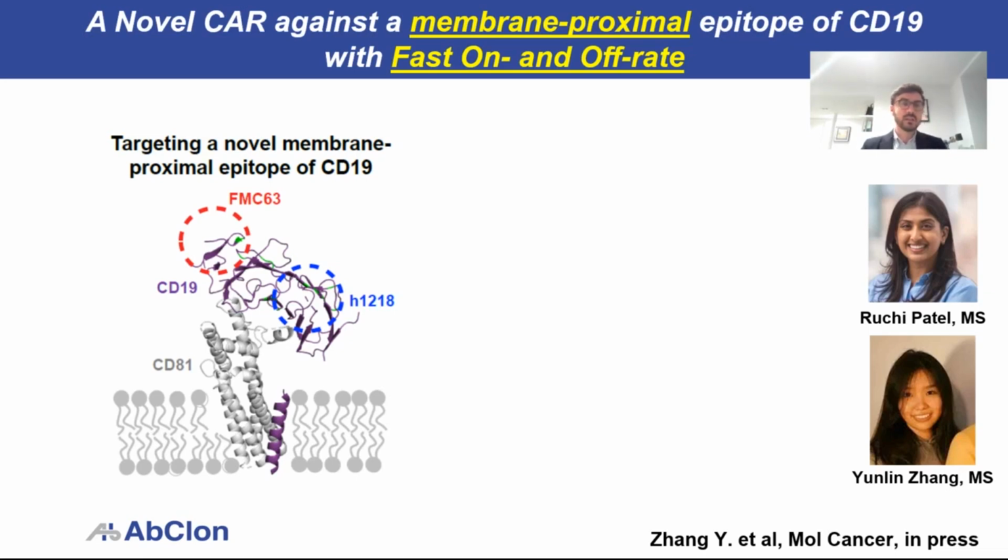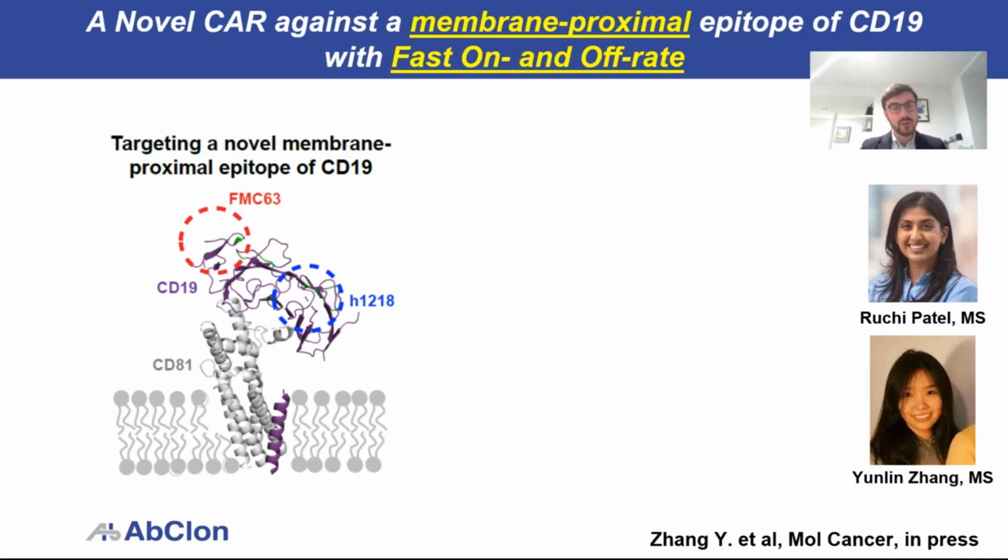Well, as you can see in this 3D reconstruction of CD19 on the surface of B cells, all the commercially available CAR and most of the antibodies actually recognize the epitope of the FMC63 antibody. So all the four commercial CAR products, they all recognize this specific epitope.